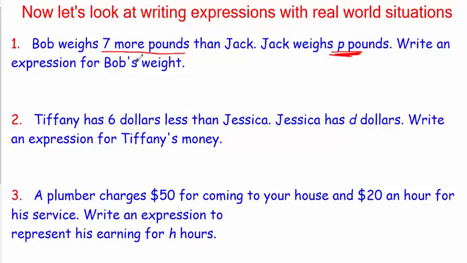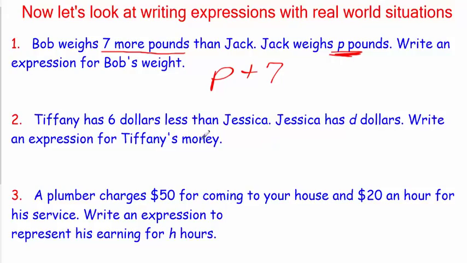Write an expression for Bob's weight. An expression, so we're not going to have an equal sign. I underlined 7 more pounds than Jack, and Jack weighs p. So now I could just say it's 7 more than p.